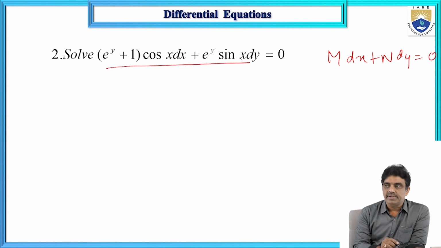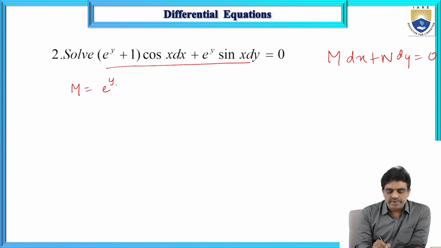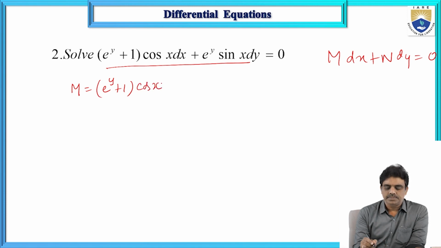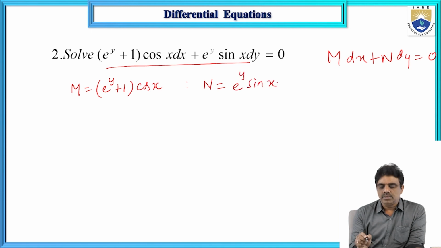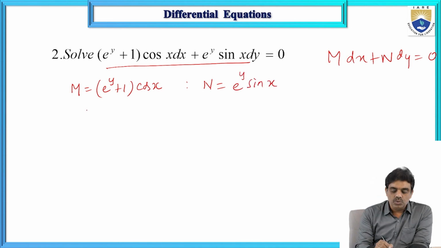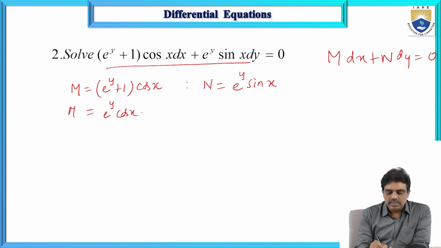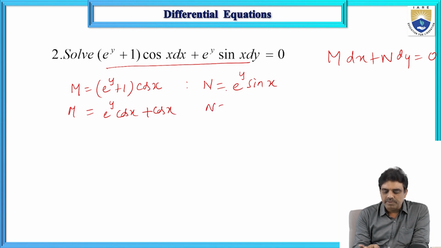What is M here? M is (e^y + 1) cos x, and what is N here? e^y sin x. So M I can write as e^y cos x + cos x, and N is the same, e^y sin x.